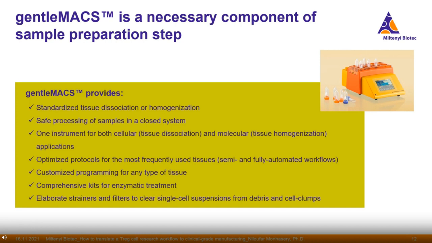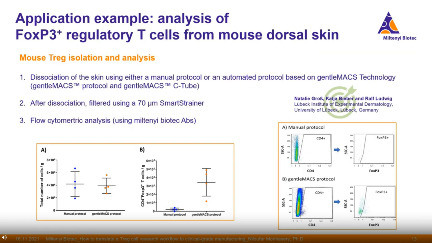And we are offering elaborate strainers and filters to get a single cell suspension and remove the debris and cell clumps, all leading to a very high quality, high viability single cell suspension. Let's have a look at an application example that was done with one of our customers.